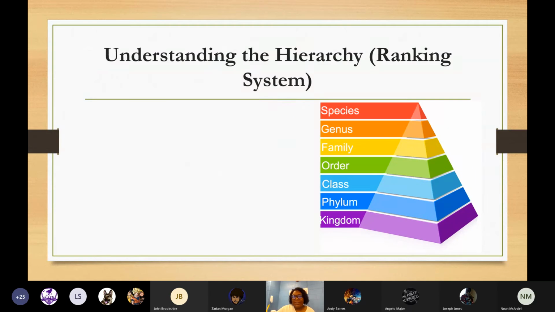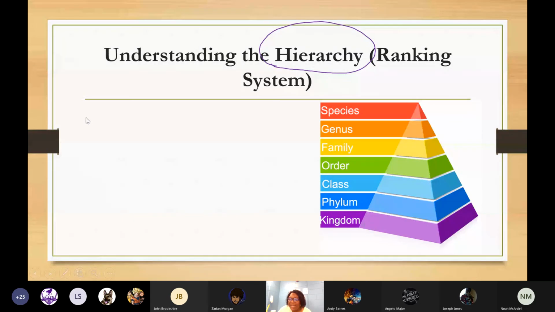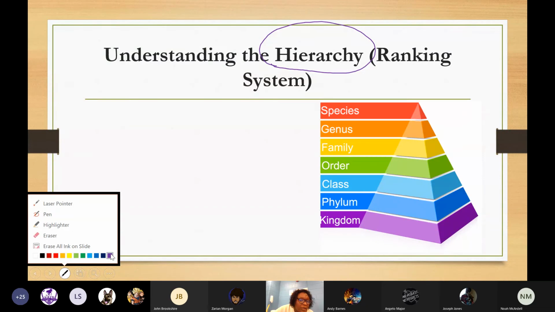So let's dig a little bit deeper. And we're still drawing that picture. That's okay. And what we see here is we're starting to look at a hierarchy. Okay? When that question pops up here, what is a hierarchy?